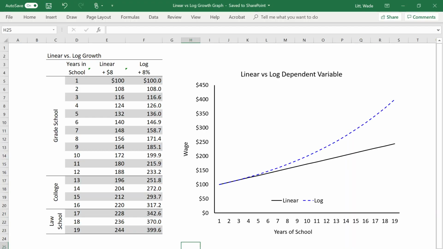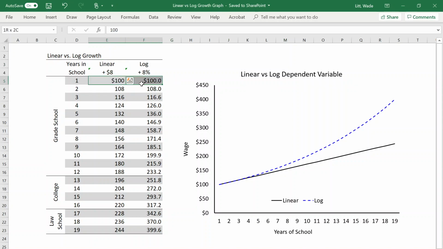Okay, so here's a little Excel file where I've kind of simulated the idea. You've got years in school, 1 up through 12 for grade school, college 4 years, and law school 3 years. And we could have a simple linear regression where we just add, and so these are just hypotheticals.